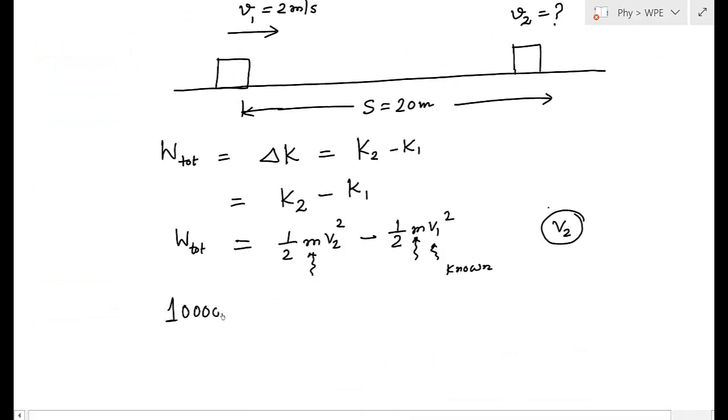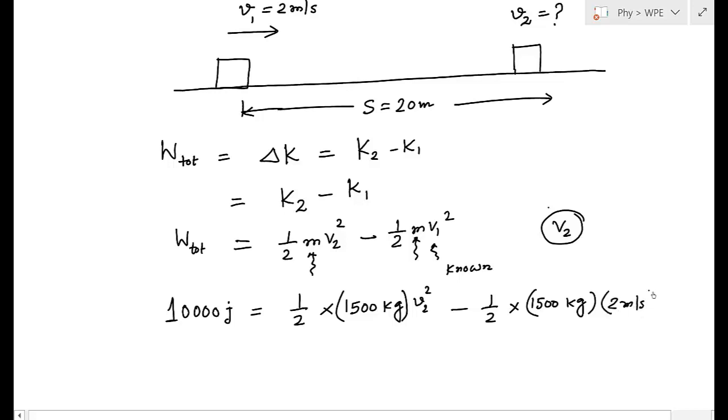This is 10,000 joule is the total amount of work, and half times mass, which we already calculated, that is 1500 kg, times V2 square, minus half times mass 1500 kg, and V1 is 2 meter per second, and then you have to take a square. Now if you calculate all this, the first term will be 750 V2 square, and this term will be 3000 joule.